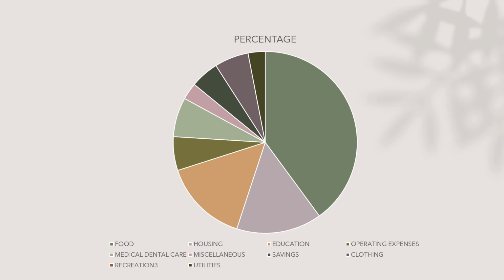So to look at the components again, we have food, housing, education, operating expenses, medical and dental care, miscellaneous expenses, savings, clothing, and transportation.